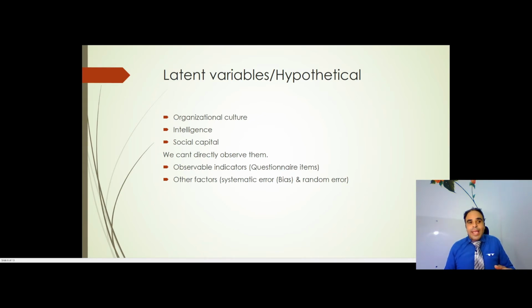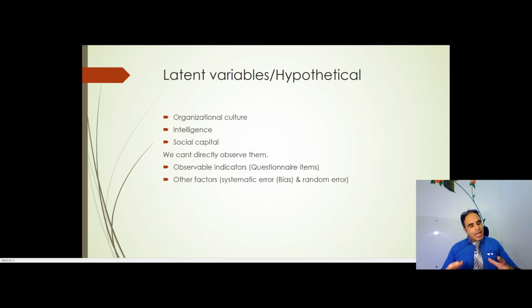However, we can split it or manifest it into other observable indicators. For instance, organizational culture can be manifested into many observable indicators that we'll come to in a bit. Like, for instance, teamwork is one manifestation or one observable indicator. Core values, symbols, empowerment, etc.